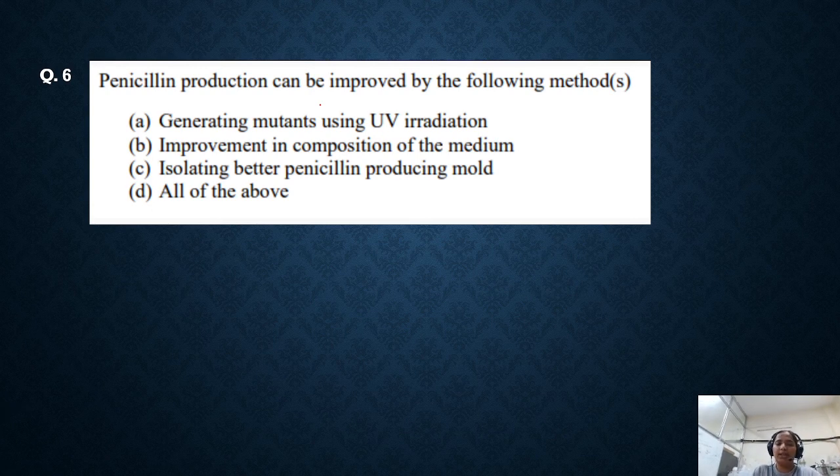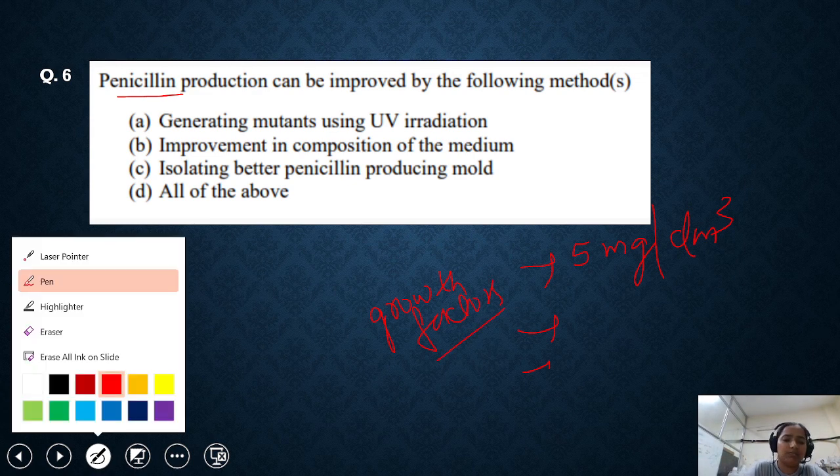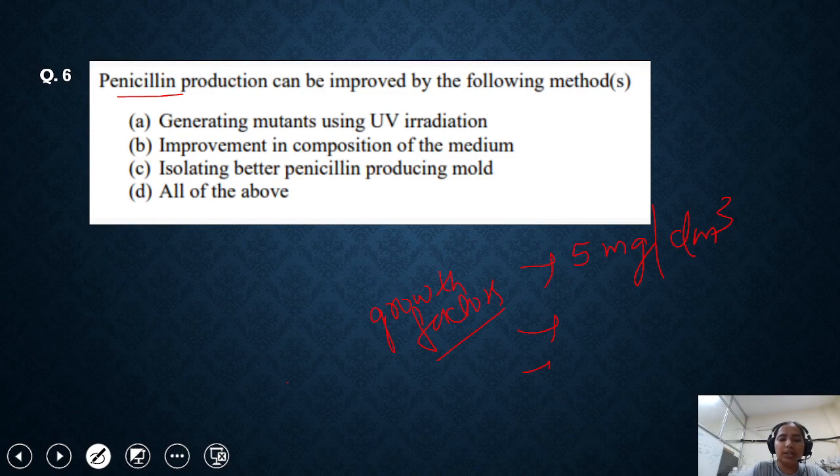So when penicillin was initially produced, the amount was really very small, like 5 mg per decimeter cube. Then when you change the different growth conditions or growth factors, you can change it. The second factor that is major is the microorganism.